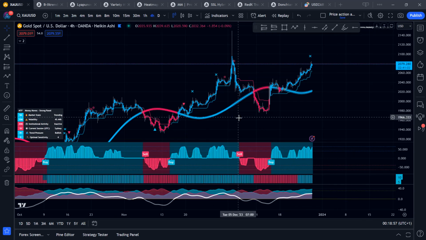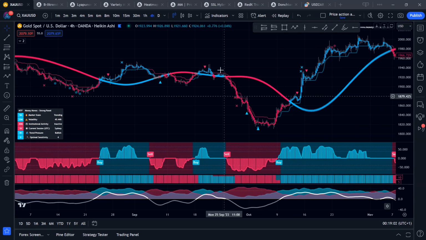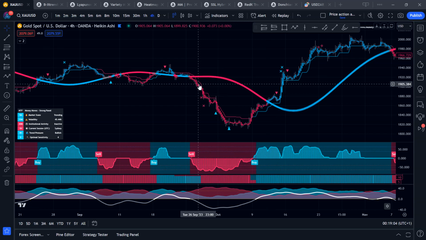For a sell criteria, it has to be below the SSL. We have to have a sell signal printed. Downtrend ribbon has to be red. Trend pressure has to be crossing over or red.